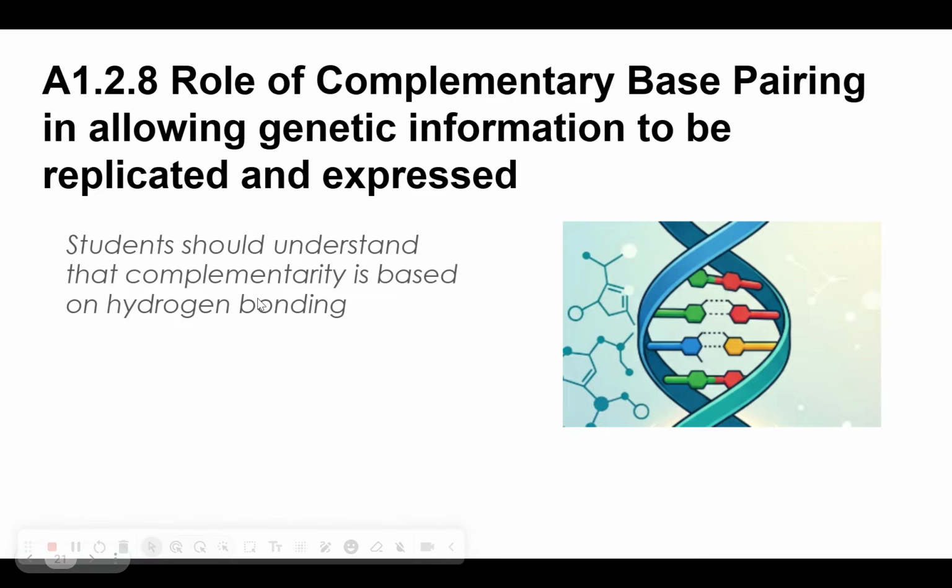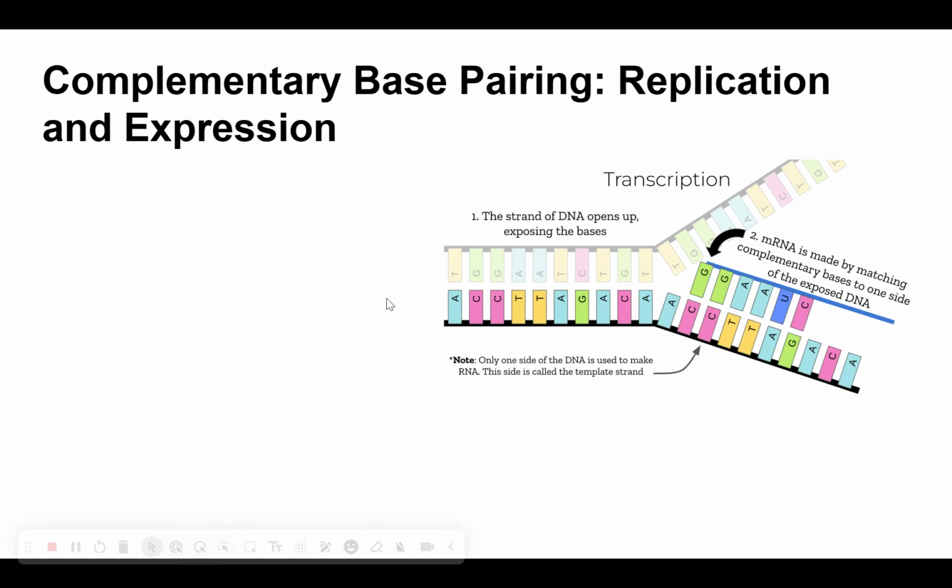The hydrogen bonding is super important, and how the complementary base pairing allows genetic information to be both replicated and expressed. All right, so we talked a little bit about the complementary base pairs already. You can see it present in this picture. A and T and C and G are together when the molecule is DNA.